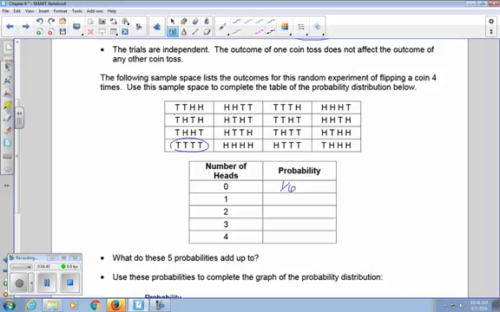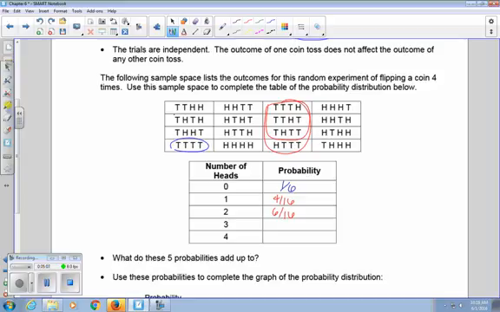So 1 head is here, and that, oh, I missed one, is 4/16. The probability of getting 2 heads is 6/16. You can count this up in your sample space.